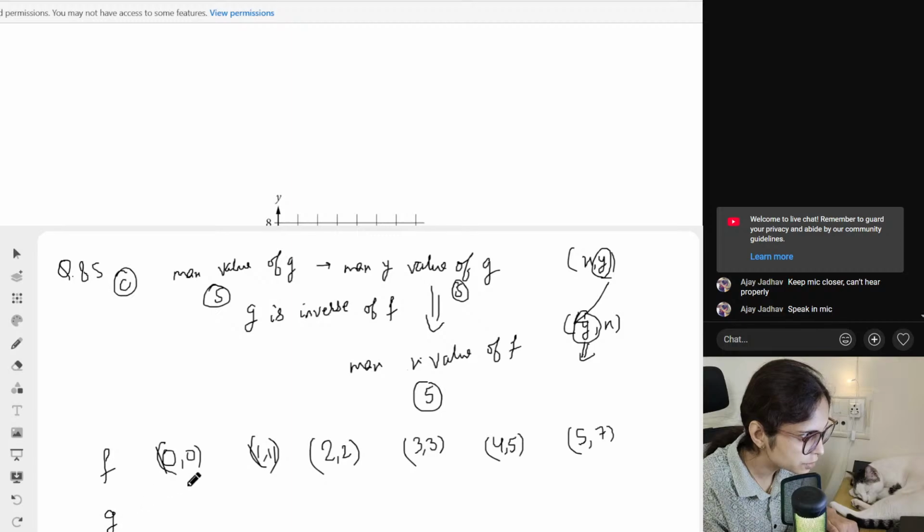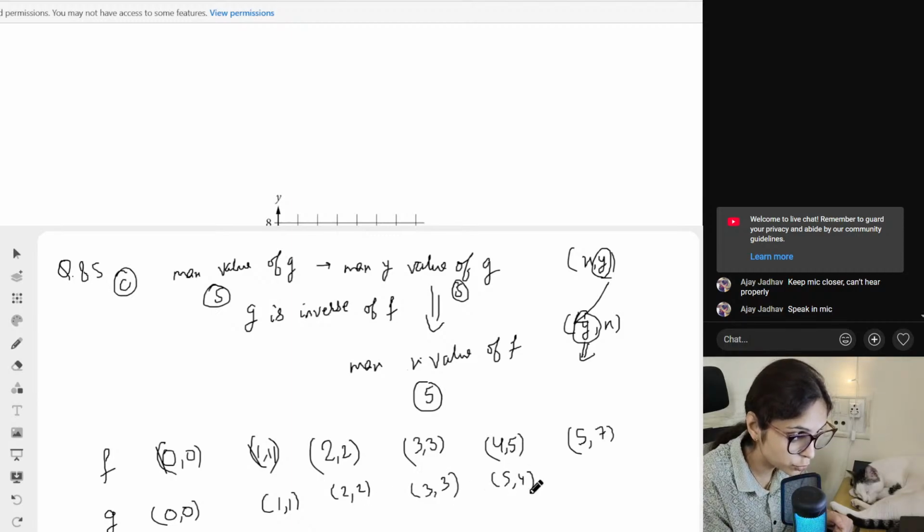G is its inverse, so you will swap x and y. So this will be 0, 0; this will be 1, 1; this will be 2, 2; this will be 3, 3; this will be 5, 4; this will be 7, 5. So the maximum y value is 5. This is our answer.